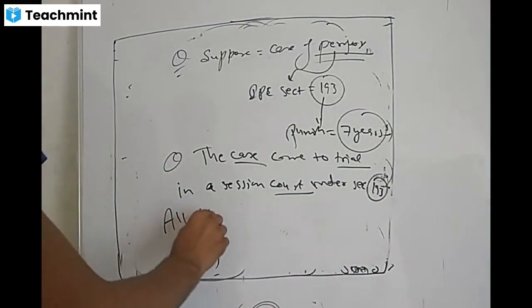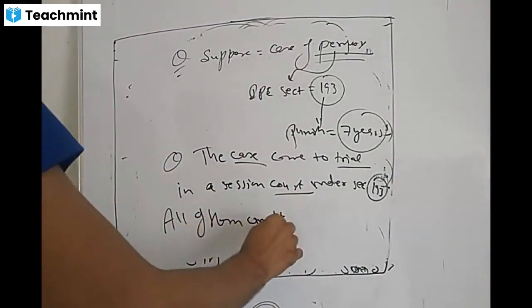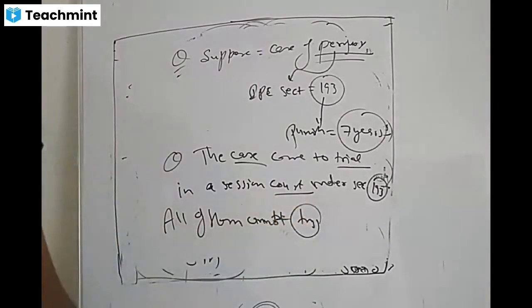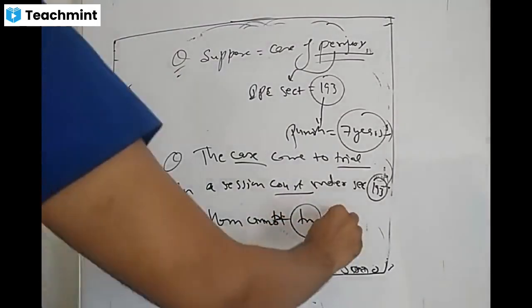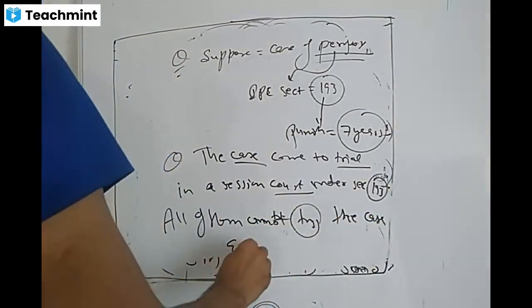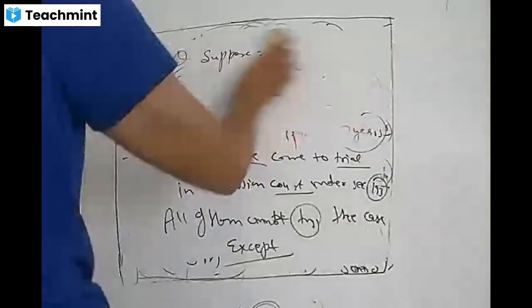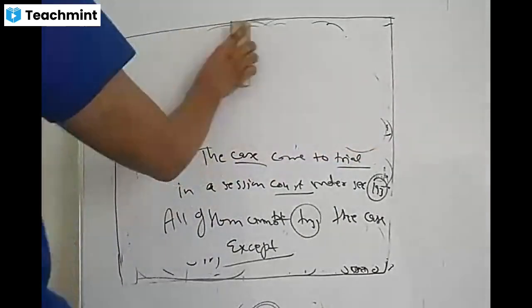All of them cannot try the case except, this is the question. There is a case of perjury and we know the imprisonment is 7 years.